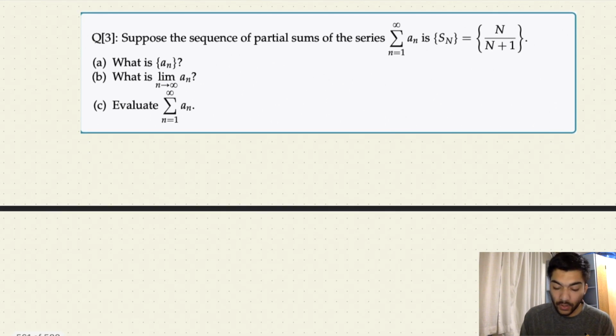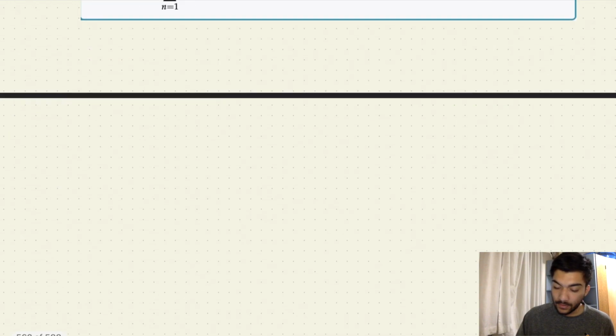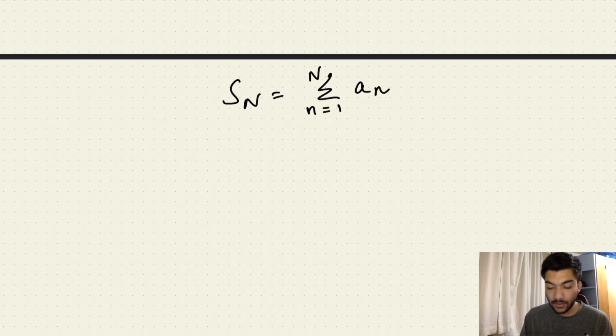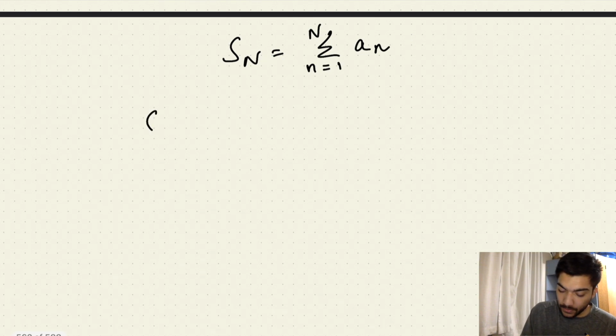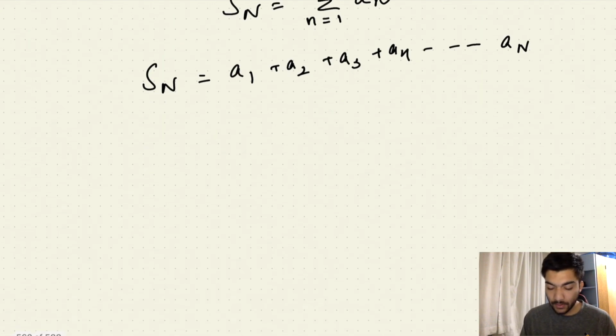So now in order to calculate a of n, we know one thing, that since our s of n is basically sigma n equals 1 to capital N of a of n, we can expand s of n as simply a1, a2, a3, a4, and so on until a of n in this case, right?